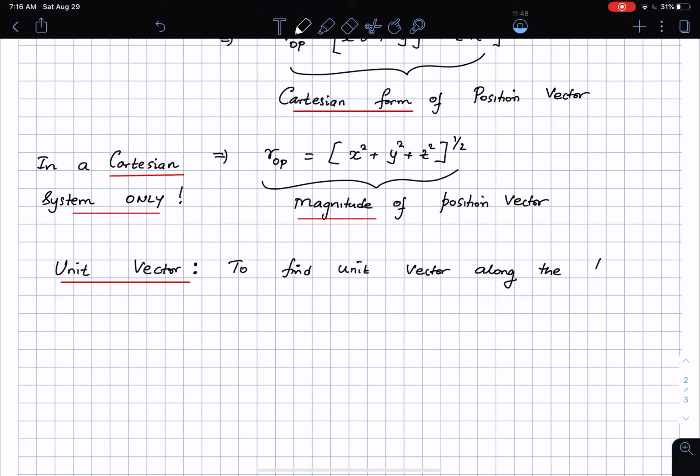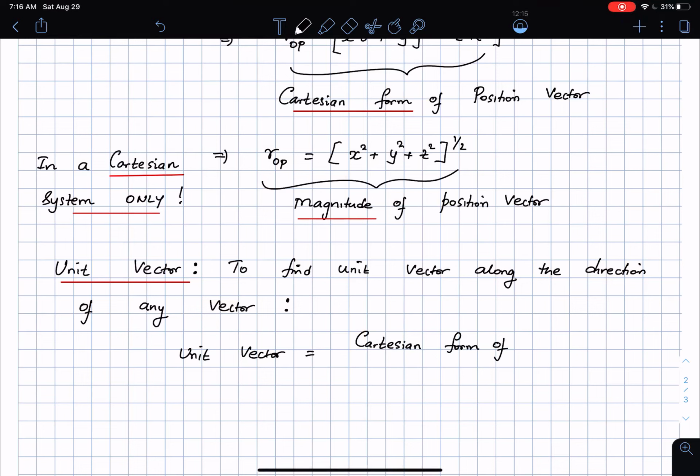You take the Cartesian form of that vector and divide it by its magnitude. That's about it. So the unit vector is the Cartesian form of the original vector divided by the magnitude of the vector.